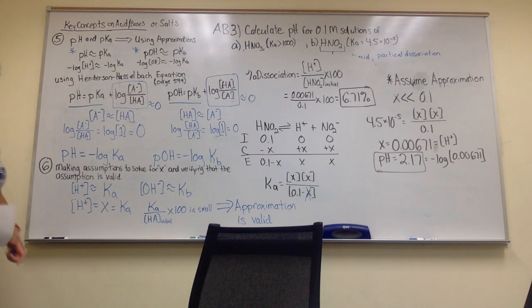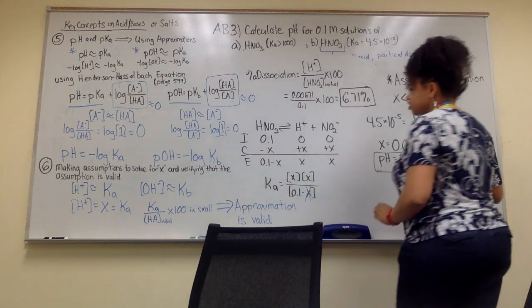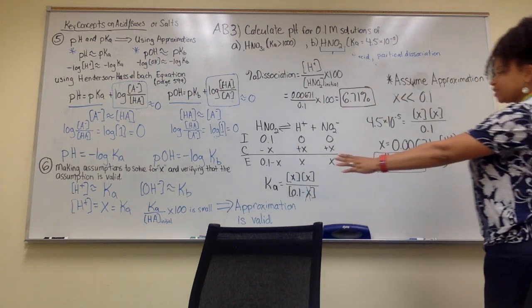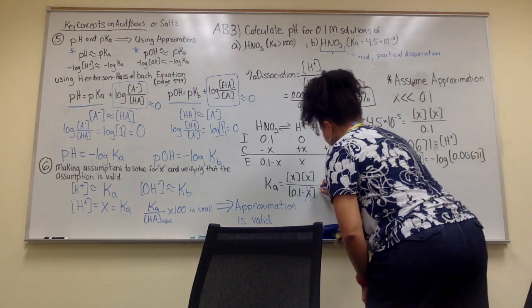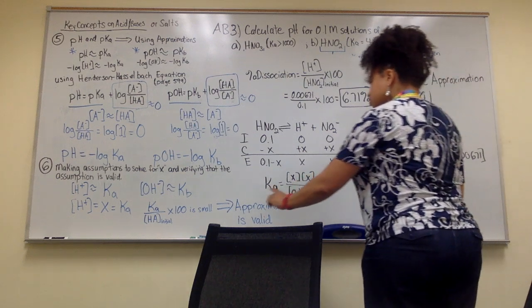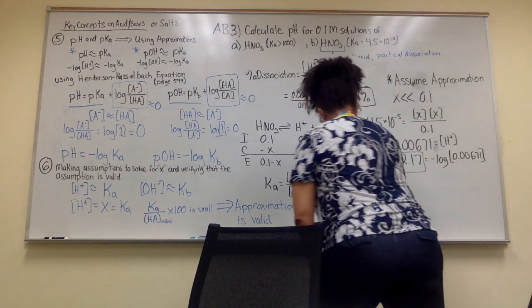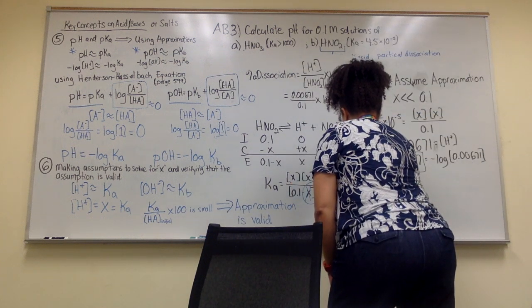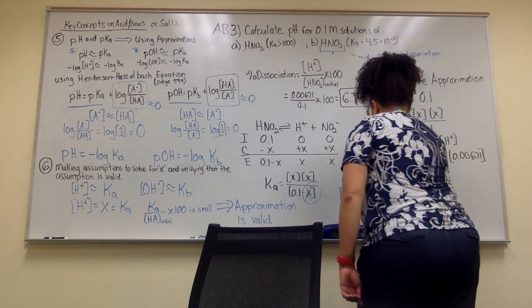So now let's go back in problem 3. Is this indeed true? Well, here's the easier way, like we said. If we want to verify if we can make this particular approximation by taking out this x, what we need to do is calculate this. So that means that we put the Ka over the concentration of acid, and we multiply by 100.